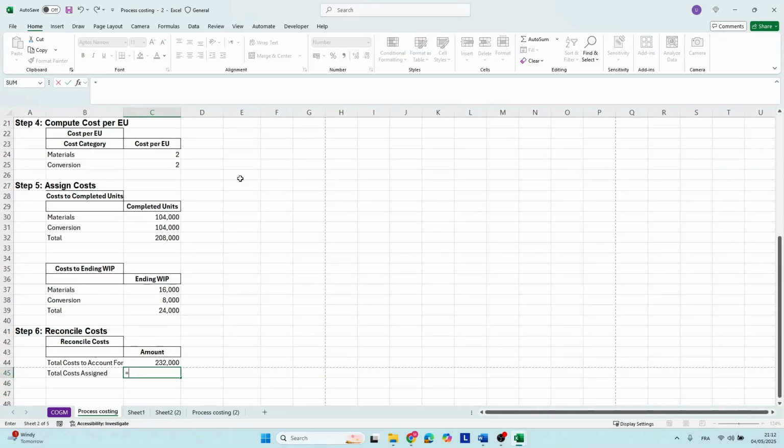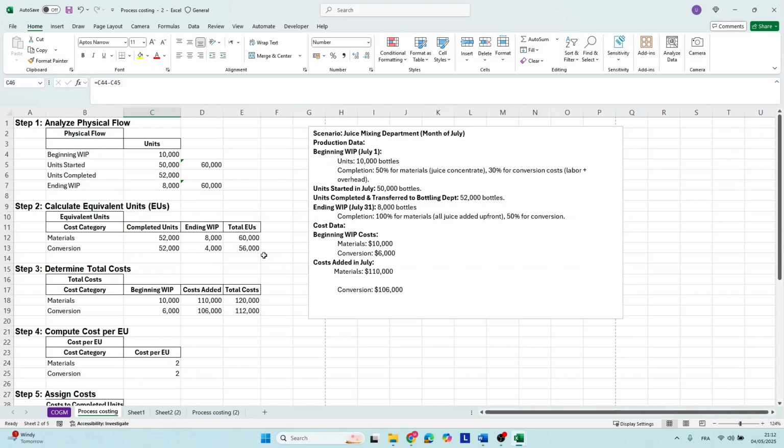Then we calculate the total cost assigned, which is the addition of cost to complete plus total work in progress. And we get the same value. We make a check and it's 0. So these are all the steps of how to calculate process costing.